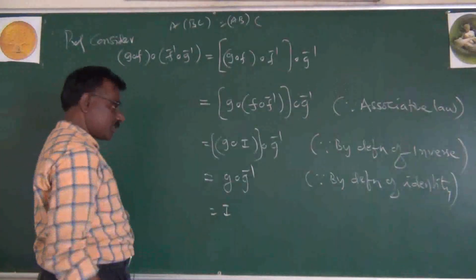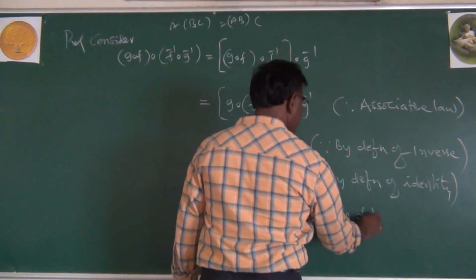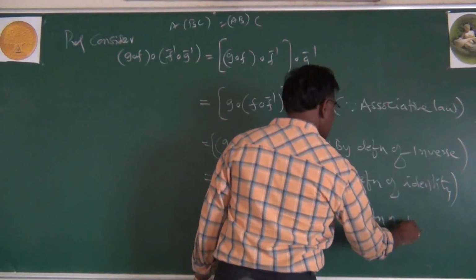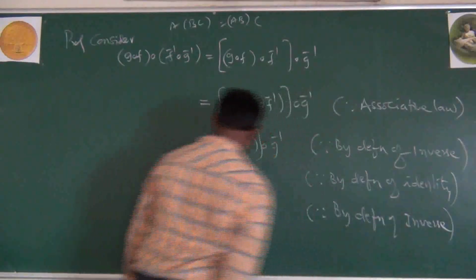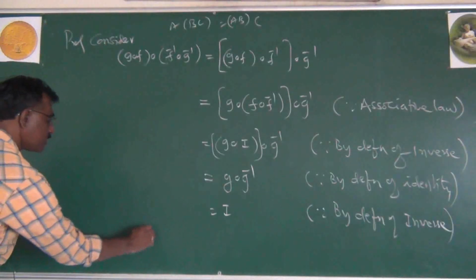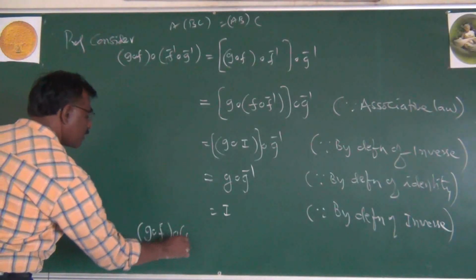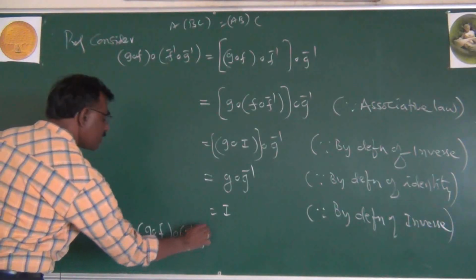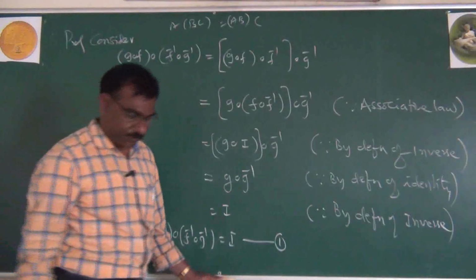Now it becomes identity, by definition of inverse. So the final answer is identity: (g∘f)∘(f inverse∘g inverse) equals I. This is equation 1.